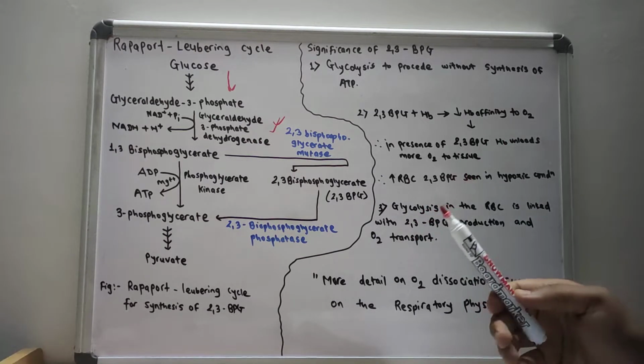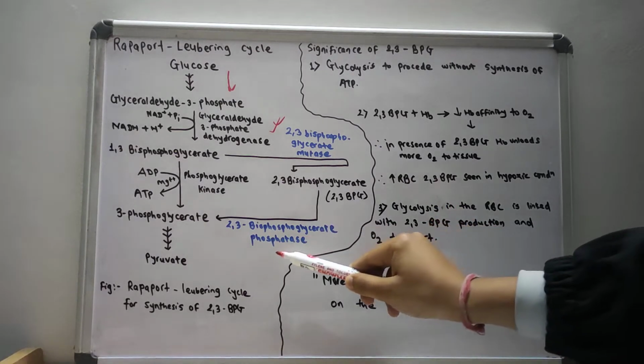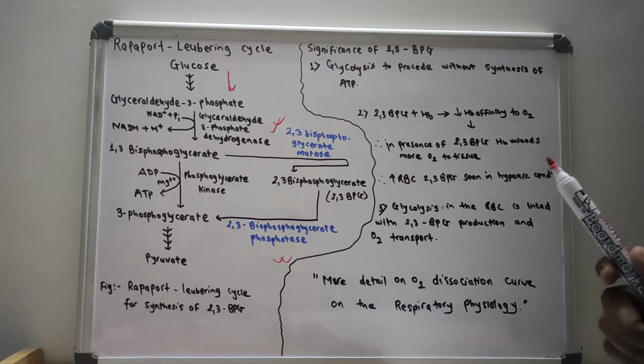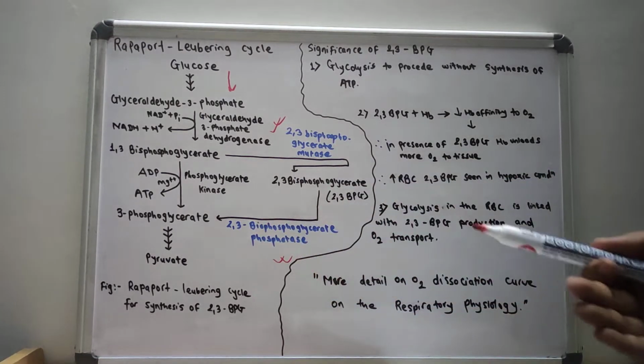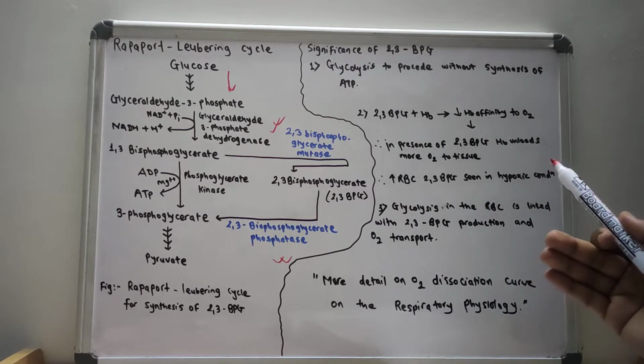Again, this 2,3 bisphosphoglycerate can be converted to 3-phosphoglycerate by the action of the enzyme 2,3 bisphosphoglycerate phosphatase. You have to know this very well. So I am showing here the Rapaport-Leubering cycle for synthesis of 2,3 bisphosphoglycerate.